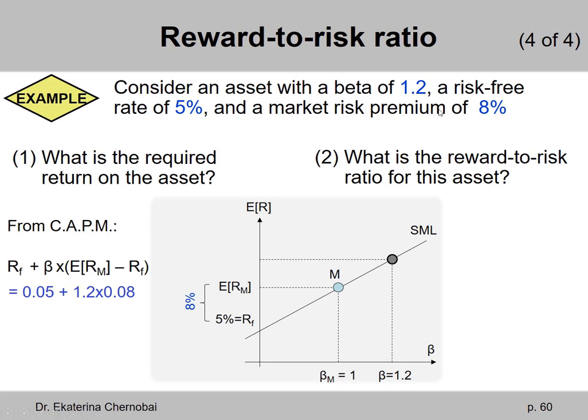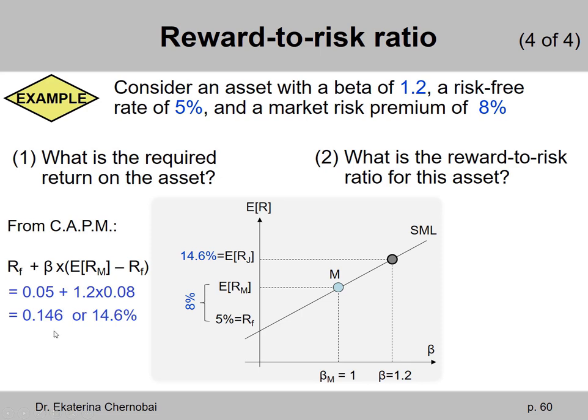Market risk premium is not the same thing as the expected return on the market. The expected return on the market is E of RM. The market risk premium is E of RM minus RF. So market risk premium of 8% is the number for the entire parenthesis term in our CAPM formula.